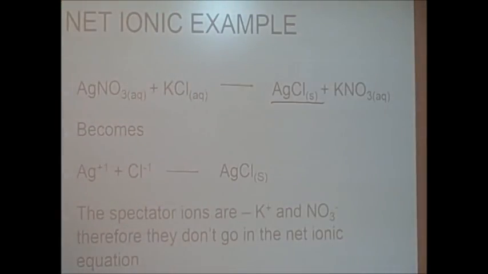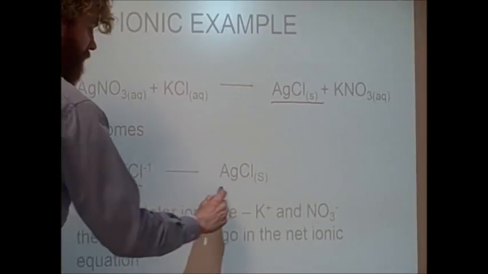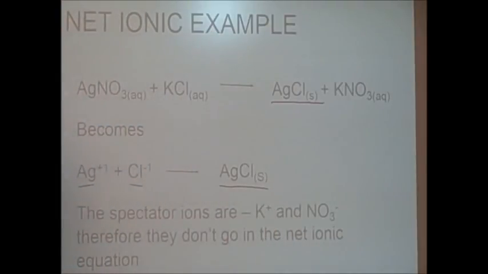We're going to take the ions from there. So we have silver +1 and chlorine -1 forms silver chloride. So we would say that our spectator ions are potassium and nitrate. They don't go in the net ionic equation because they're just spectators. They're just sitting back and seeing the show happen.